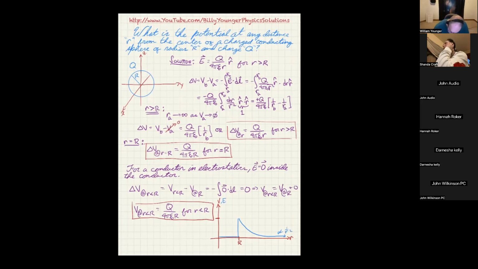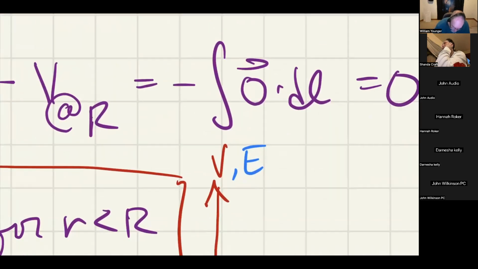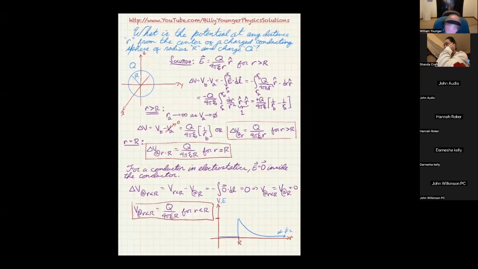Actually, I should probably write this in purple instead of red, so let me do that real quick. So the electric potential, on the other hand, we will see is in fact, and I should go ahead and put this value right here. This value in blue is, of course, Q over 4 pi epsilon naught R squared.